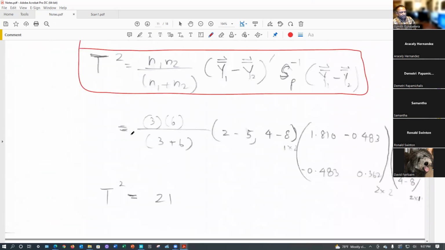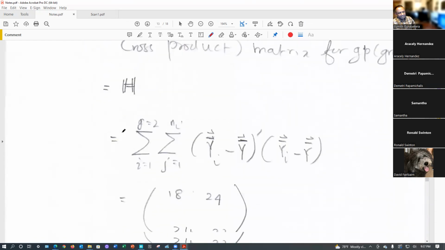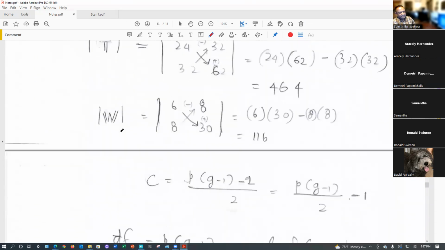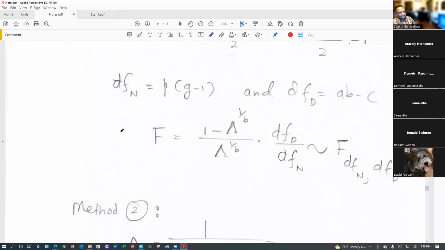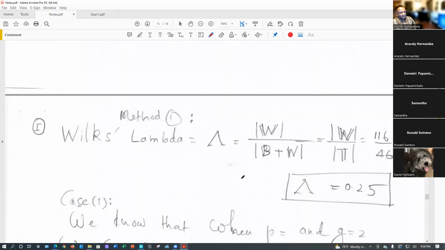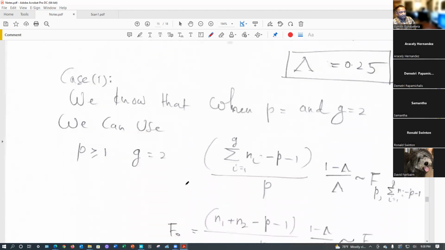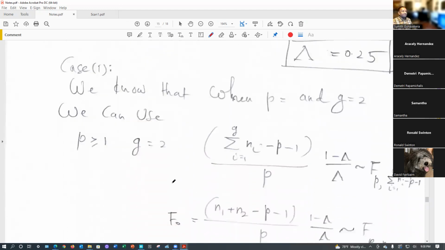But anyhow, what I'm trying to say is that with the Wilks lambda, I need the F related to that one, and you can build that up in a different way.